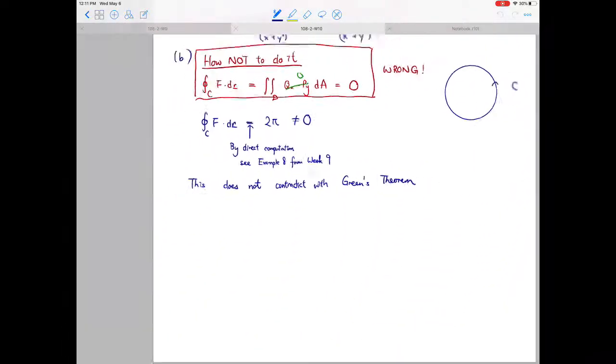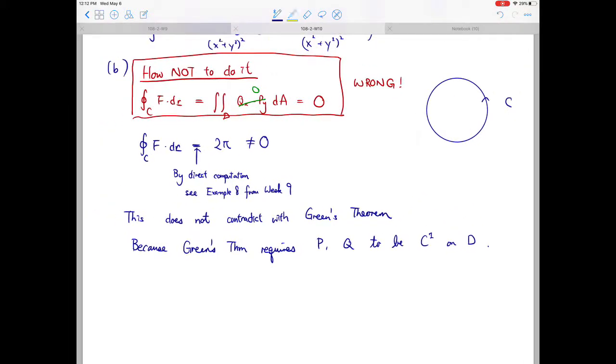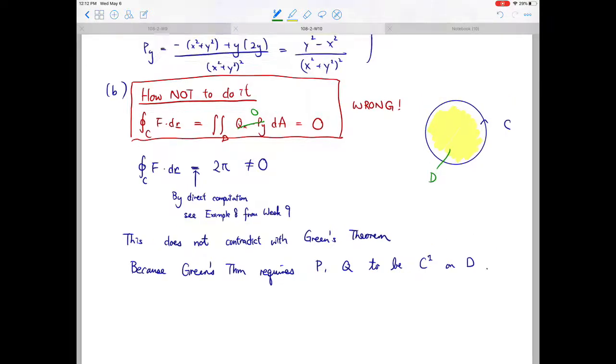Green's theorem requires P and Q, the component functions, to be C1 on the region D. So what is the region? D is the region.